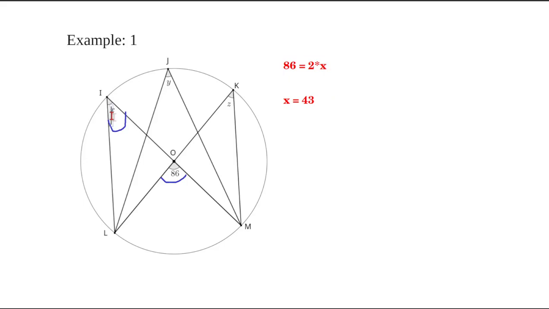Now, if this is 43 degrees, since chord LM is common, we can say that this angle is equal to that, being equal to that one too. So angle x is equal to angle y equals angle z equals 43.